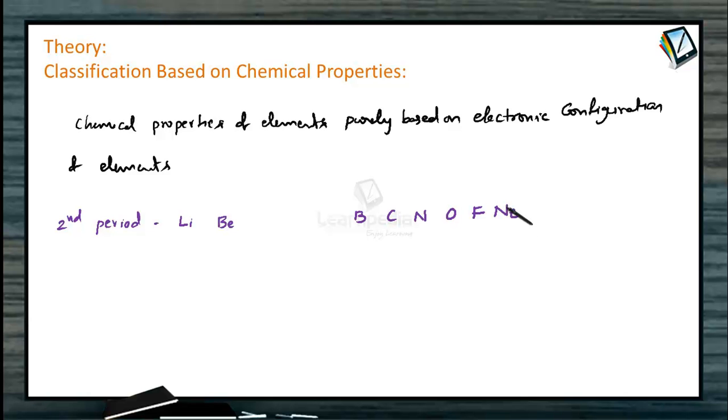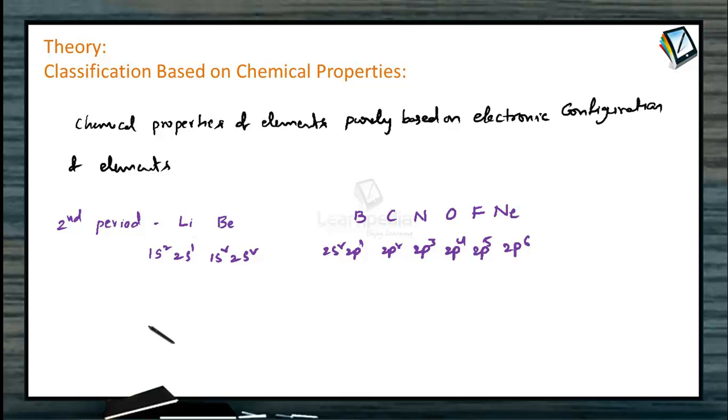When you consider the electronic configuration of these elements, for lithium it is 1s2, 2s1, for beryllium it is 1s2, 2s2, and for boron 2s2, 2p1, carbon 2p2, nitrogen 2p3, oxygen 2p4, fluorine 2p5, and neon gets 2p6 configuration in its valency shell. So how many electrons are present in the valency shell determines the chemical property of the element.